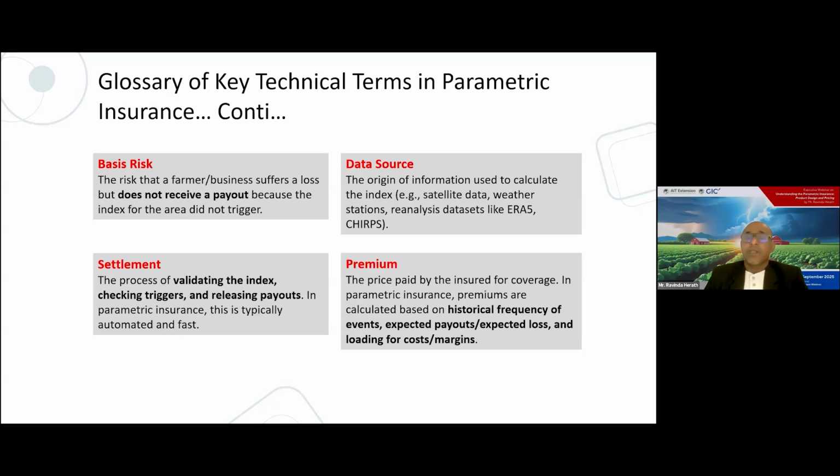For data sources, you may go with manual data if you are comfortable with it, or else you can go with satellite data. But today satellite data and remote sensing are the most popular in designing the product. Settlement is most important for settling the claim.